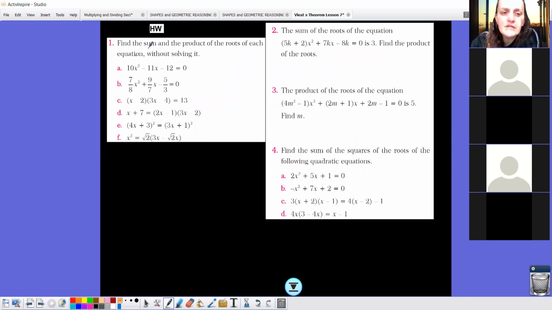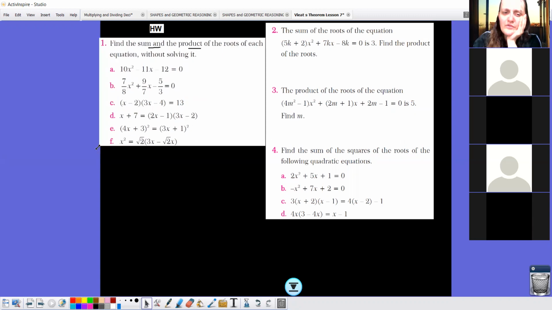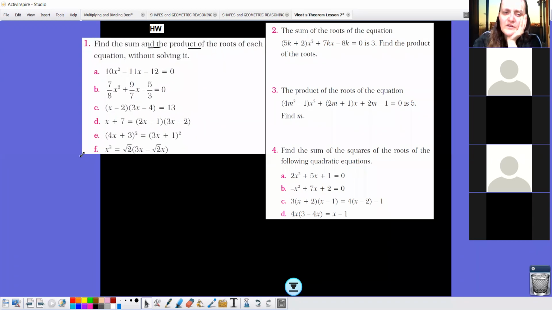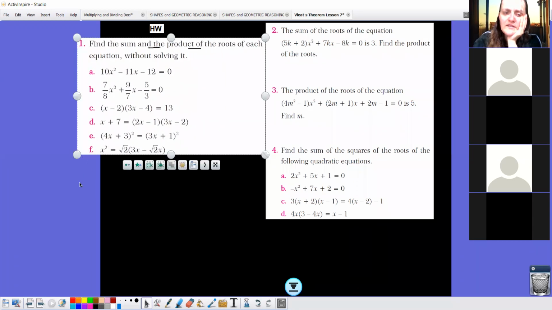You will find the sum and product of the roots with Vieta's theorem directly: x1 plus x2 is -b over a, x1 times x2 is c over a, in all of them. You will do the same thing. You have this in your book. It is for practicing.